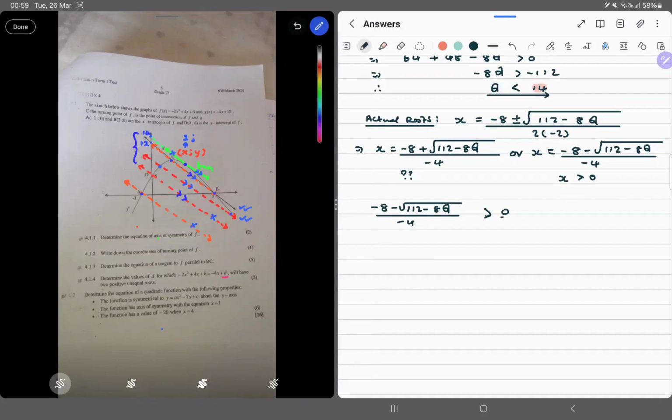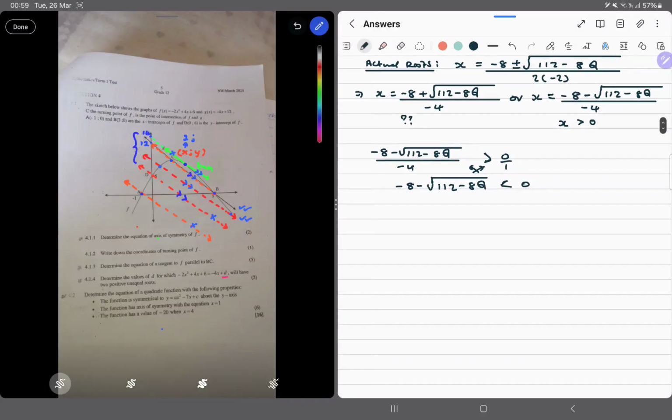Anyhow, let's keep going, guys. This is 0 over 1, then you cross multiply. So what do we get? We get minus 8 minus the square root of 112 minus 8d. Is it greater than? No. We multiplied by a negative across, so the sign changes, and it's less than 0 now. So minus the square root of 112 minus 8d is less than 8.